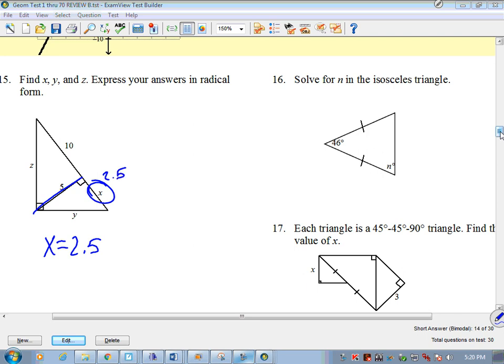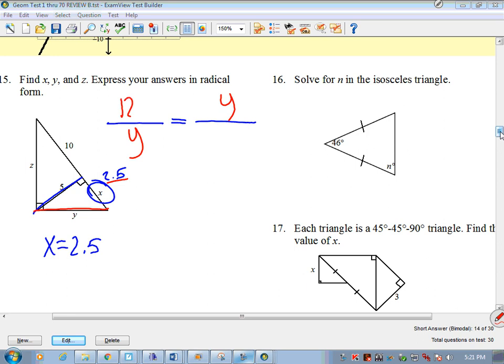All right, in order to find y, I'm trying to remember what to do here. If you look at y, it is a geometric mean to the segments. I believe it is the segment closest to where we're at, which in this case is 2.5, and the whole.